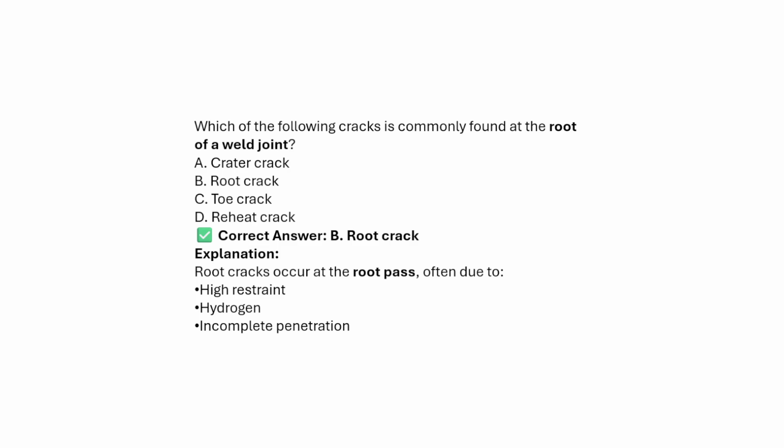No, reheat cracking happens in a different region. So the answer will be root cracking. Root cracking occurs at the root pass, often due to high restraint, so if the fixtures are much more rigid during the welding process, and hydrogen entering the weld bead or incomplete penetration.